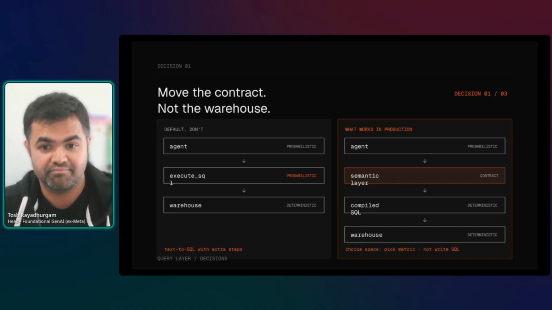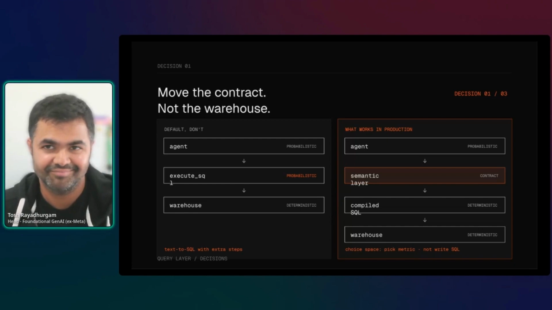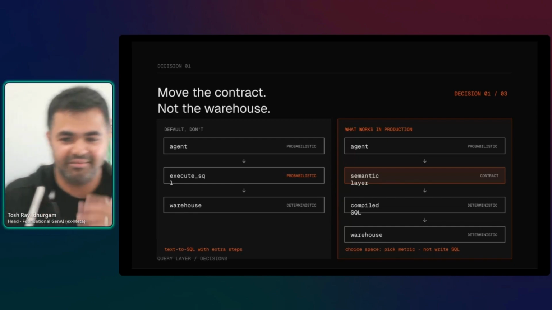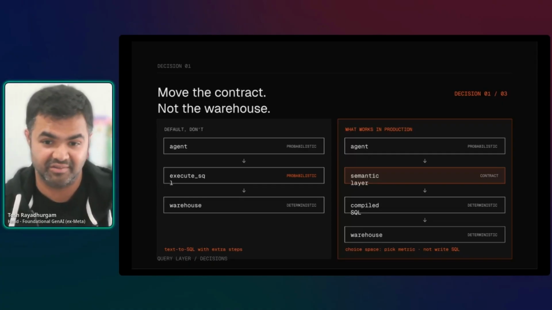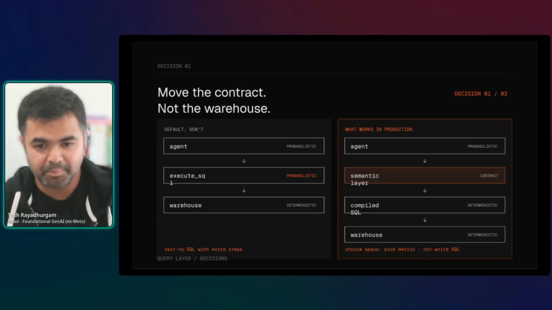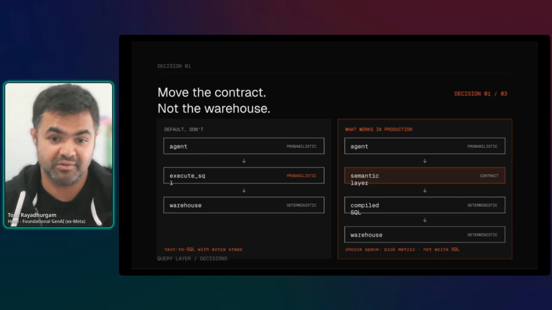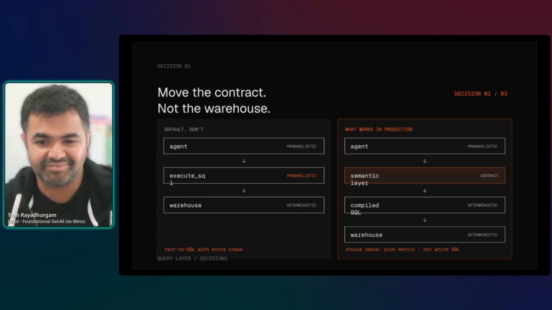The agent's choice space stops being any SQL string the model can possibly emit and becomes which metric, which dimension, and which filters. The picking is probabilistic. That's fine. The SQL it produces is deterministic, and that's the whole game.